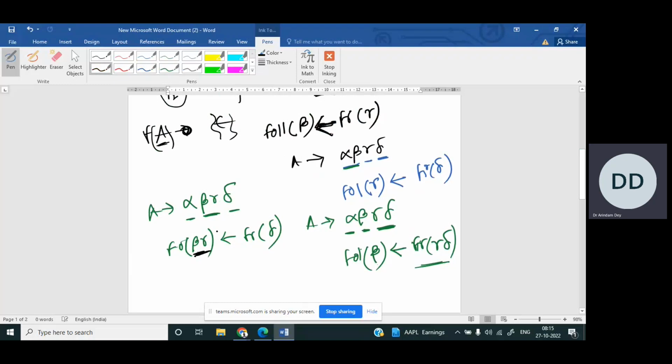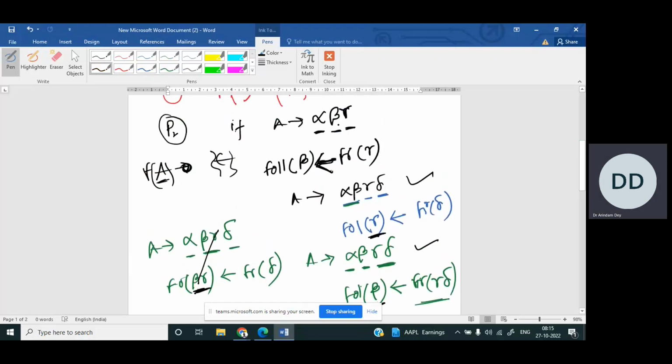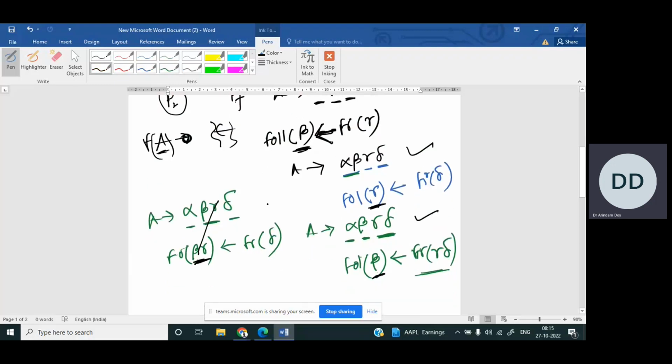There is no use of this type of strategy when you have to find out a joint follow of two variables. But certainly this architecture you can follow, because here there is a single variable for which you are finding the follow. There is also a single variable here for which you are finding. Or even for this one also, a single variable is there for which you are finding the follow. Right. So this was the second rule.